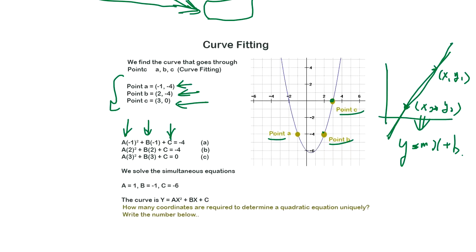In order to uniquely determine a, b, c, you need information on 3 points. If only 2 points, then a, b, c will have indefinite answers.